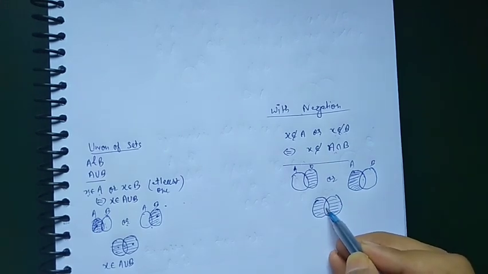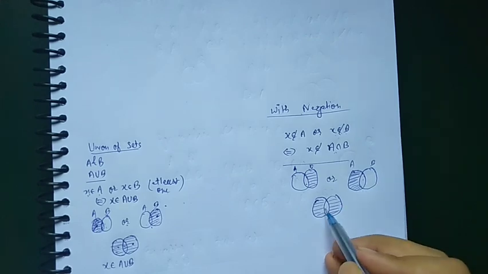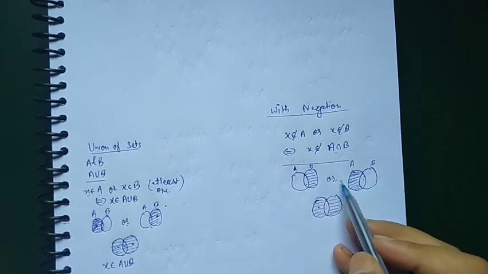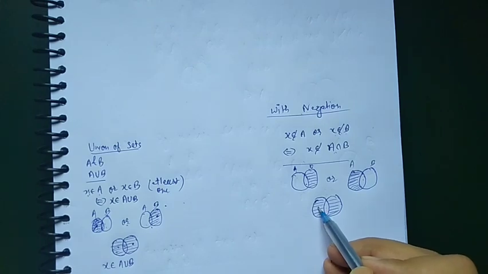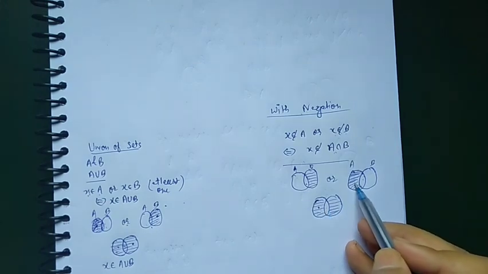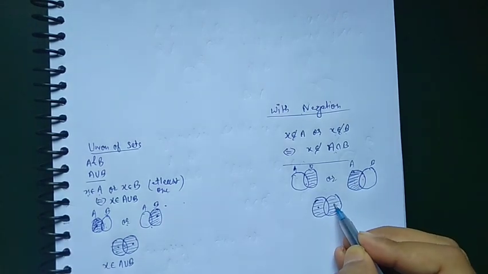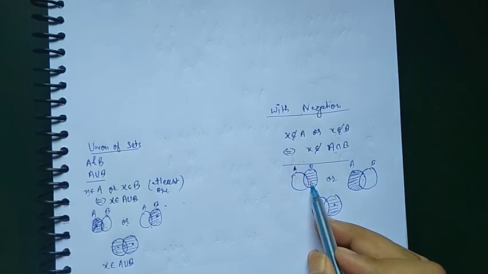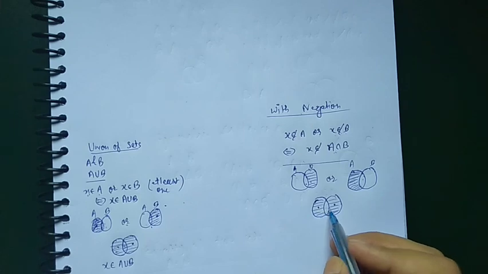If we take X in the intersection, then this is not satisfied and this is also not satisfied. But if we take X here, then at least one should be satisfied from these two Venn diagrams. So if we take X here, then the second Venn diagram is satisfied. If we take X here, then the first Venn diagram is satisfied. So it will imply that X can be lying in this area.